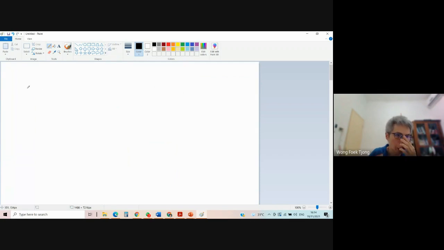Let's consider first the body under pure tension. This is sigma, and then this is sigma, and the coordinate system is this one, right? This is x, this is y, and then the body is this one.